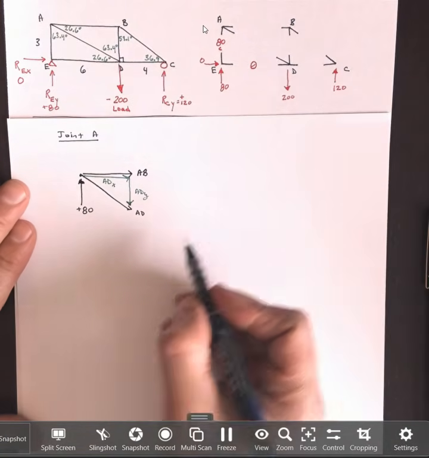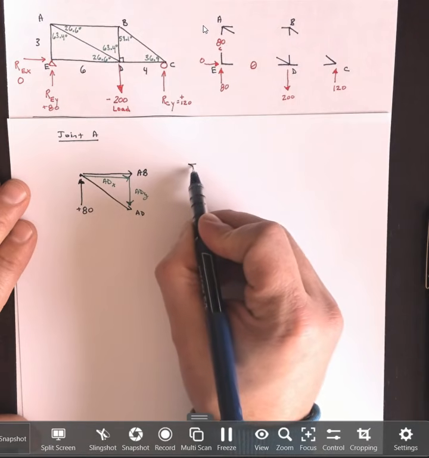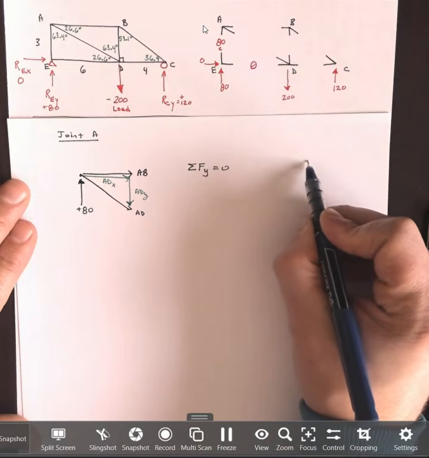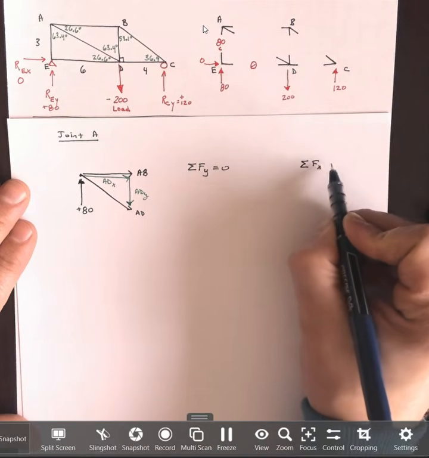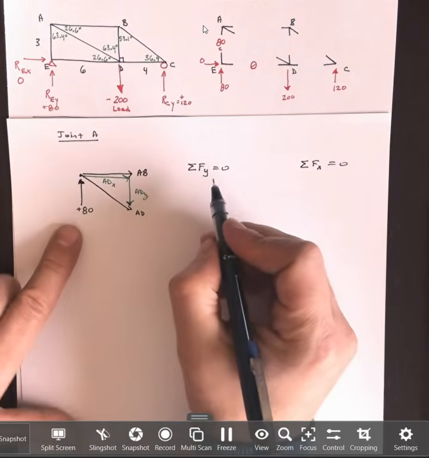So if we think about my static equilibrium equations, and just identify where the vertical forces and horizontal forces are.